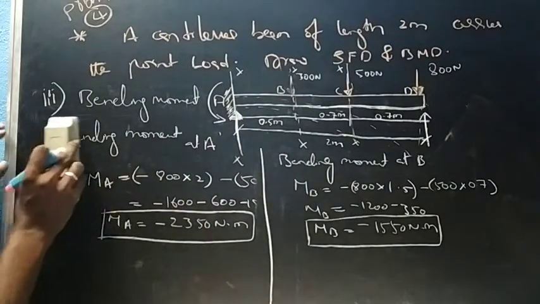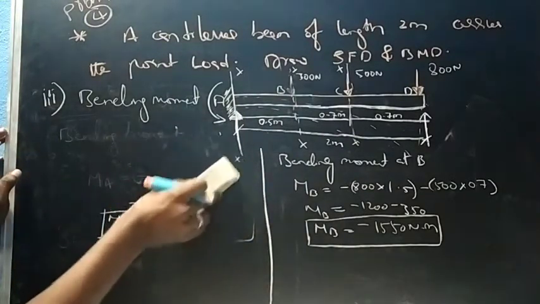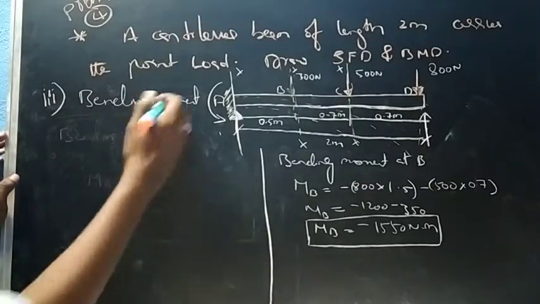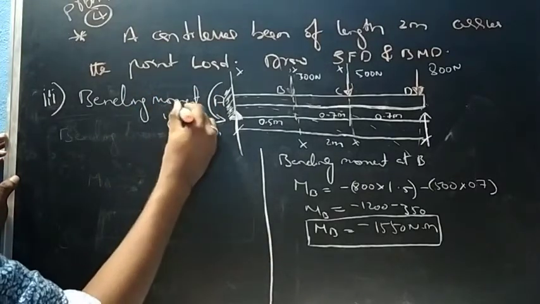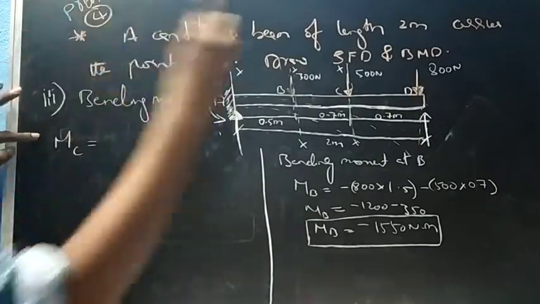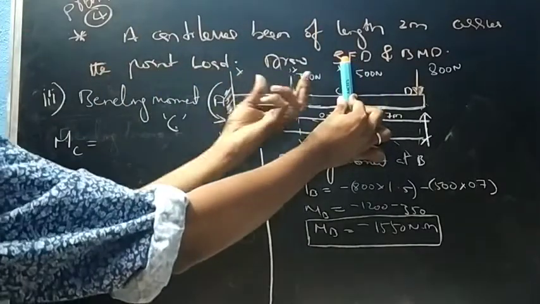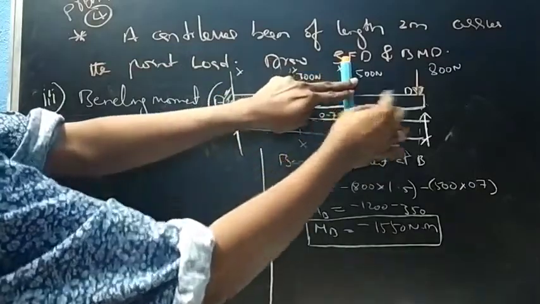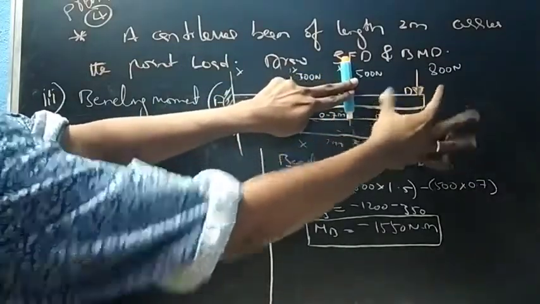Now we'll calculate moment at C. So MC will equal, so take the axis here, forget about A and B, now you have to calculate only this part, right?